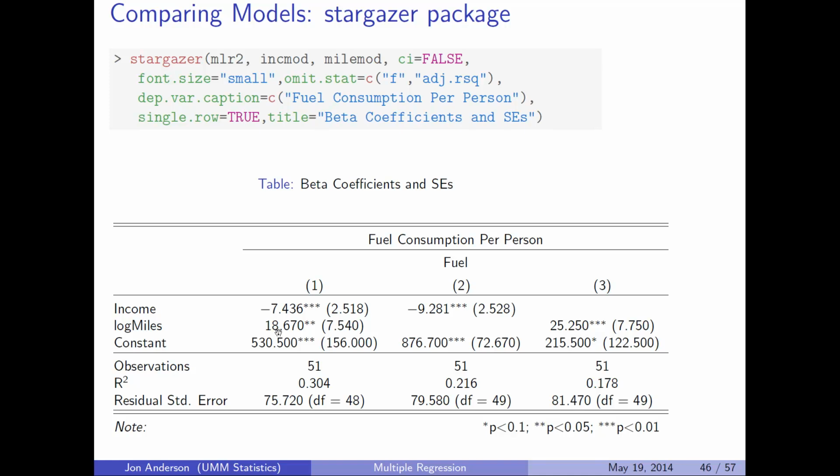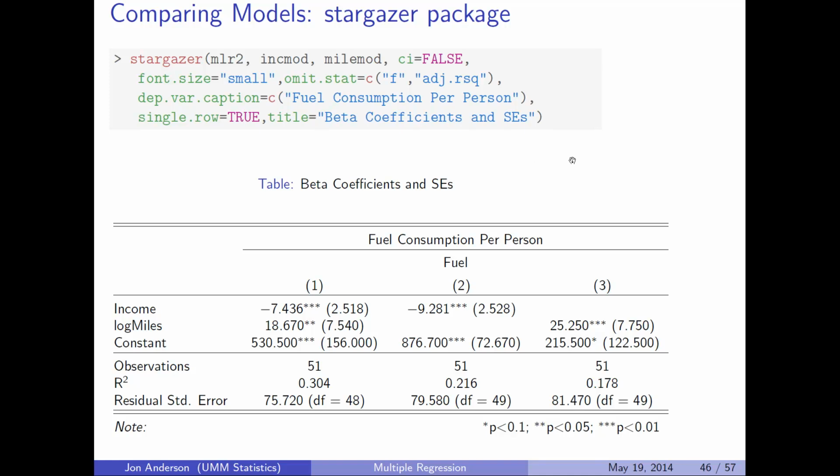Notice that the log miles effect is 18.67 in the model that also has income. But in the model that only had log miles, this was a much bigger number. It was 25.25. And so you can see that the coefficients for income and the coefficients for miles are similar. They're just a little bit different when you add another variable to the mix.